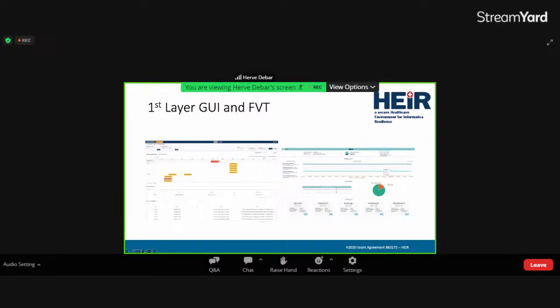And then there is a more detailed view where you can see, for example, with respect to the machine learning, what kind of detection happened, and where and whether the event was treated.